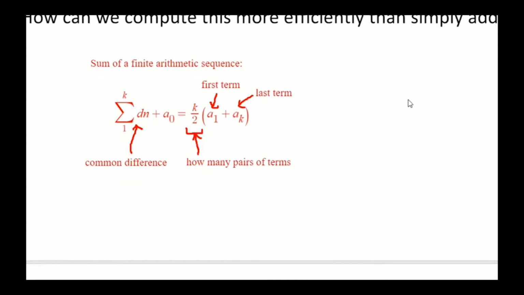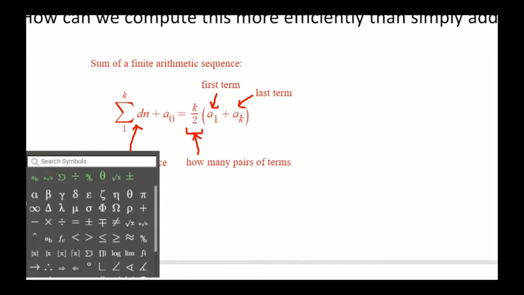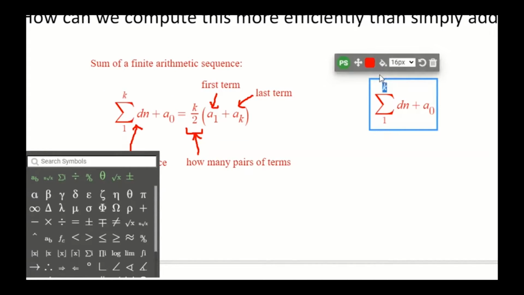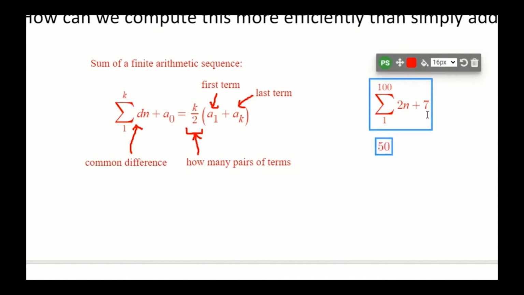All right, so that's it. If I just plug in my values here, I can compute that pretty easily. For example, let's say I wanted to find the first 100 terms of 2n plus 7, right? To compute that, how many pairs are there? There's 100 values, so there's 50 pairs, times the sum of the first term and the last term.